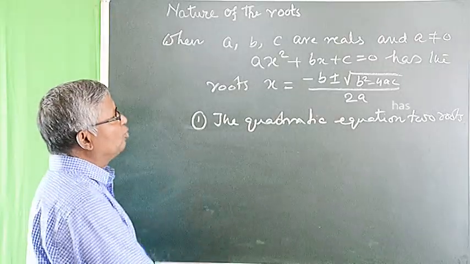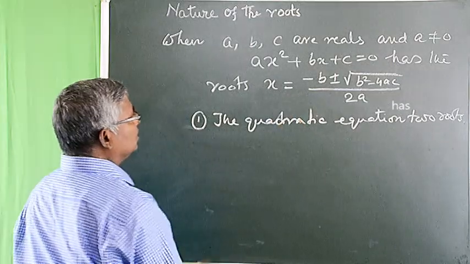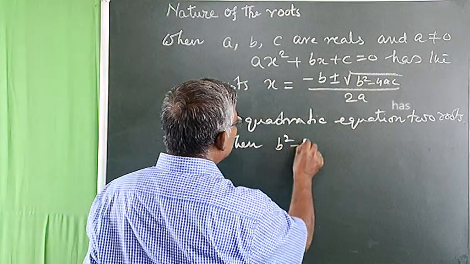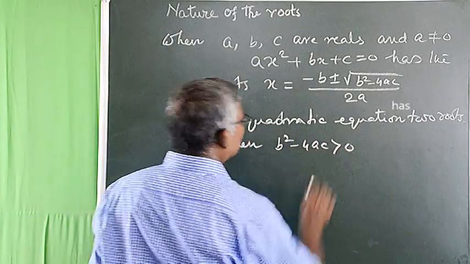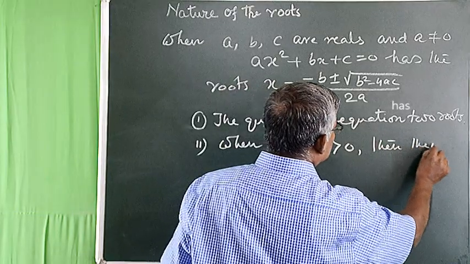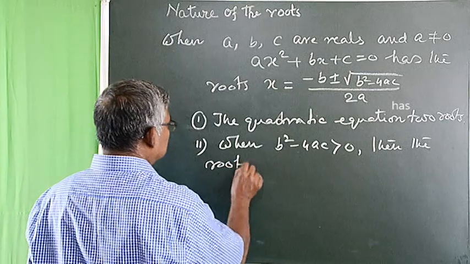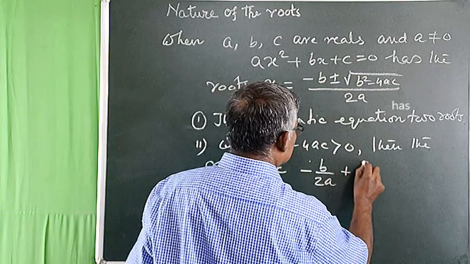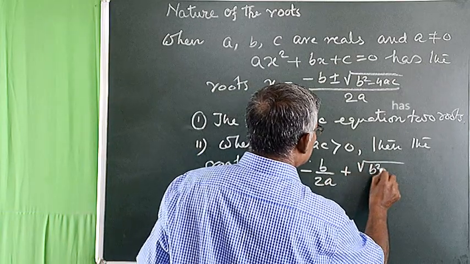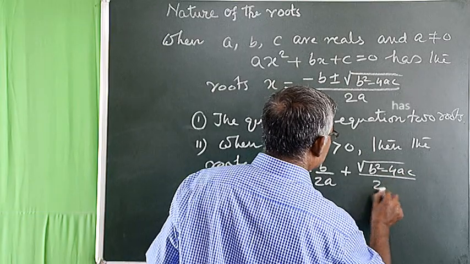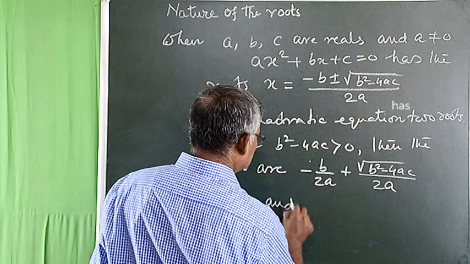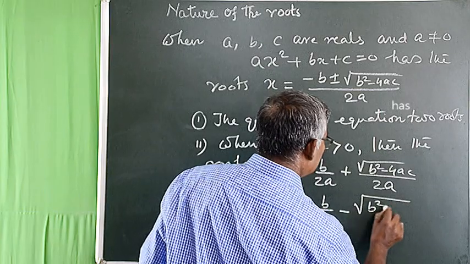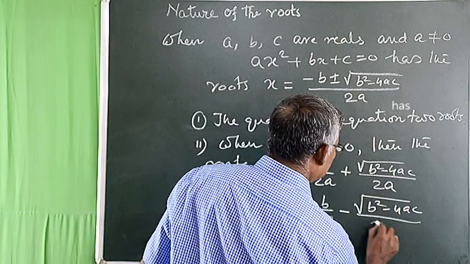Let us see three more observations from the given formula. Let us see when b square minus 4ac greater than 0, then the roots are minus b by twice a plus root over b square minus 4ac by twice a and minus b by twice a minus root over b square minus 4ac by twice a.